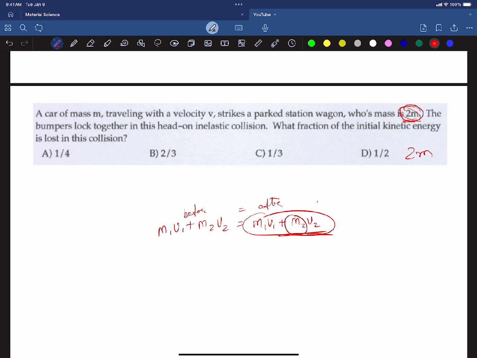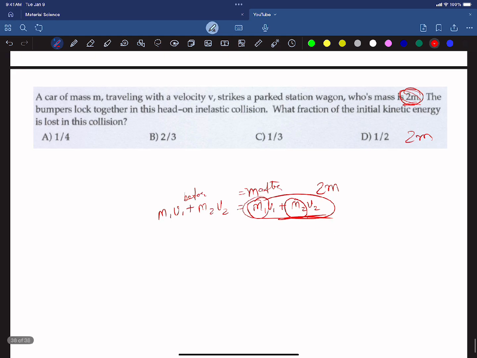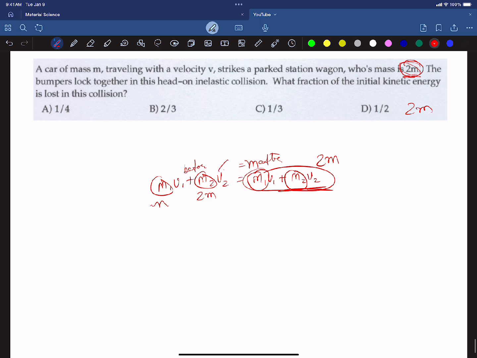So this will be 2m and this will be just m, before the collision and after the collision. Same, this will be 2m, this will be just m. Our initial velocity is 0 because our second wagon is at rest before the collision, and after the collision both cars combine together, so this v1 and v2 will become vf.